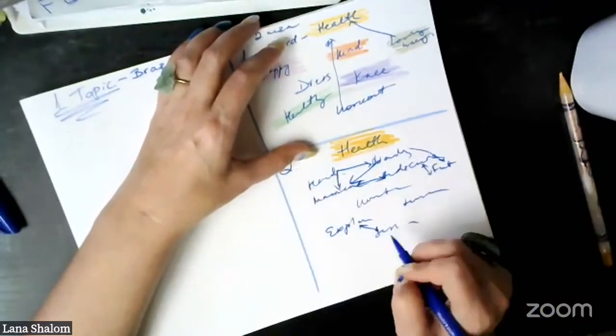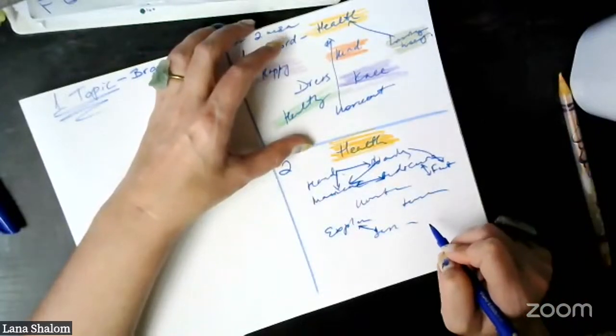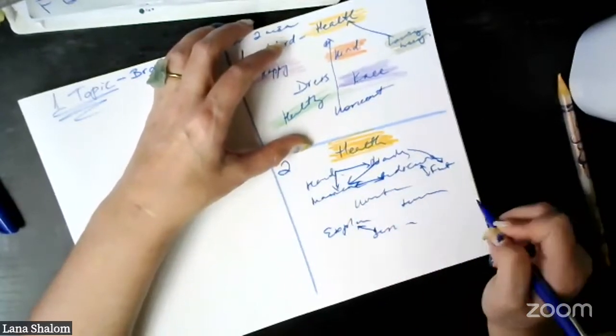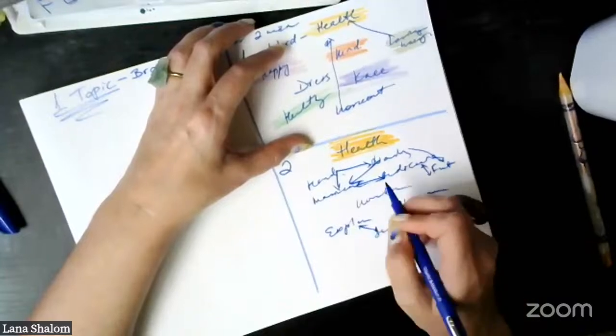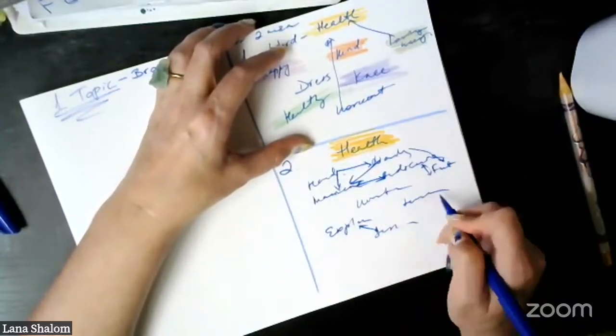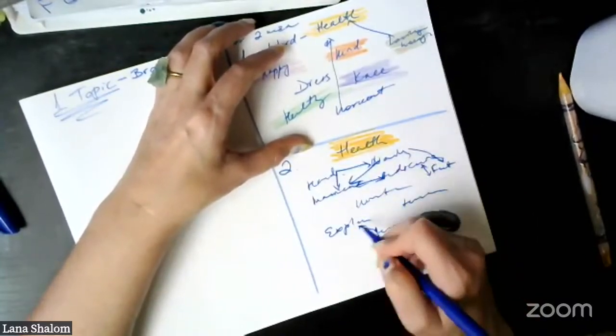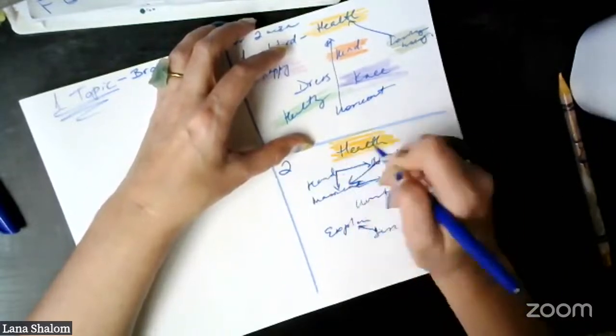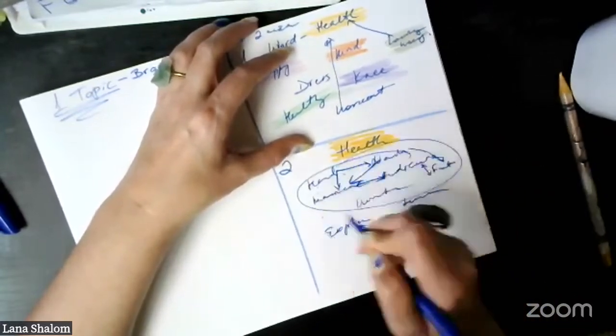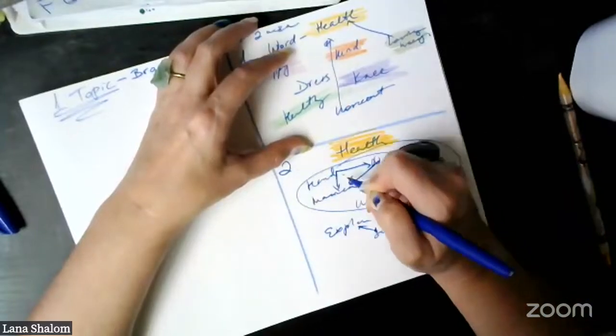Do you guys notice what I'm doing? I'm creating a mind map. I don't remember what I wrote here, but usually when I write it down, I'll write it more legibly, and I connect it together. So in general, if I put together manicure, pedicure, it is connected to my health.